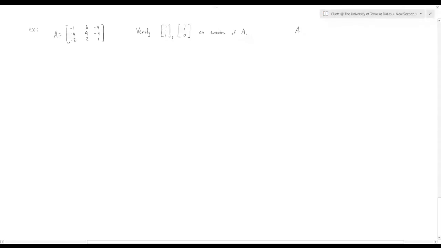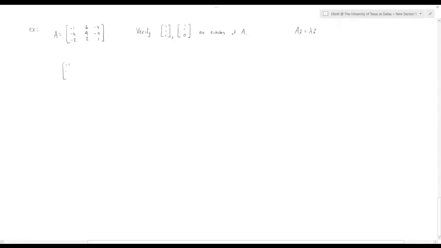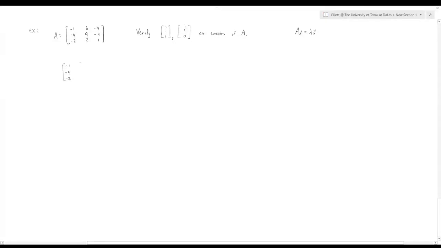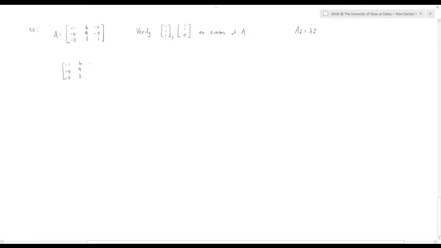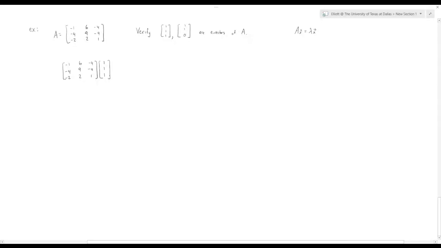We haven't made too much use of that original definition, but the original definition was A times X should be lambda times X. So what you'd want to do for these types of problems is take matrix A, multiply by each of these vectors. We'll start with the vector 1, 1, 1 first.